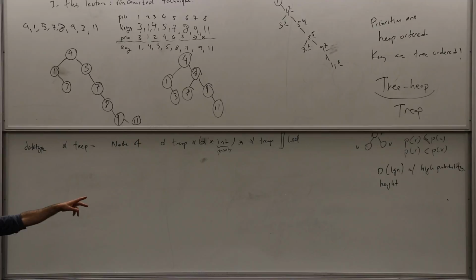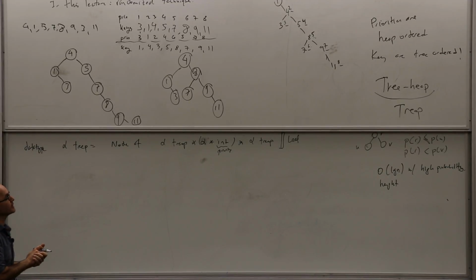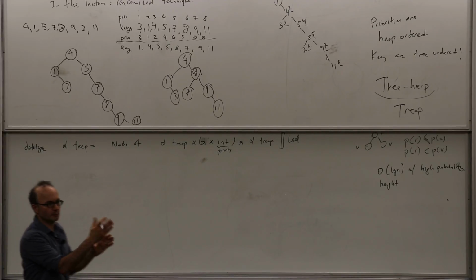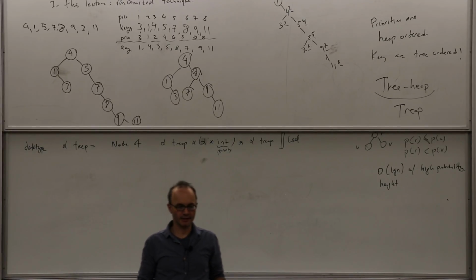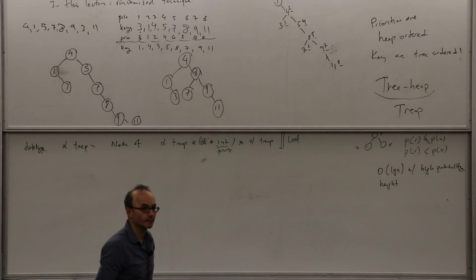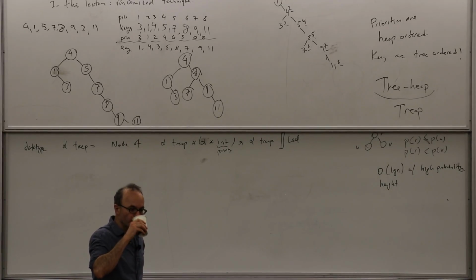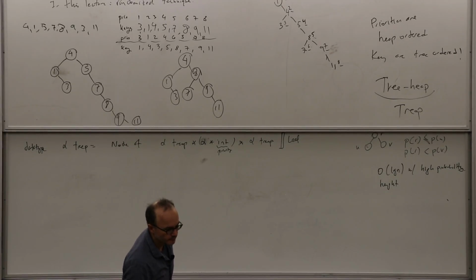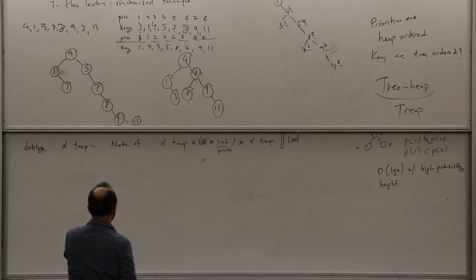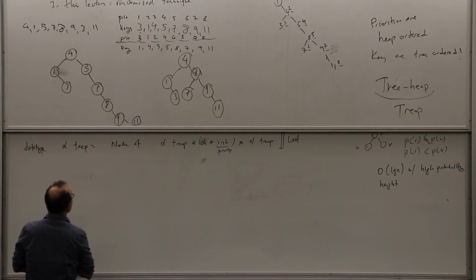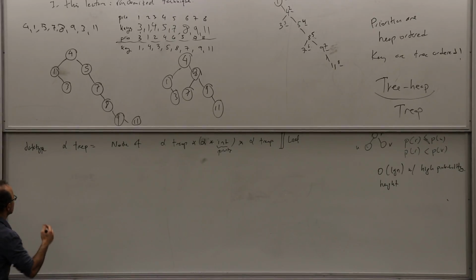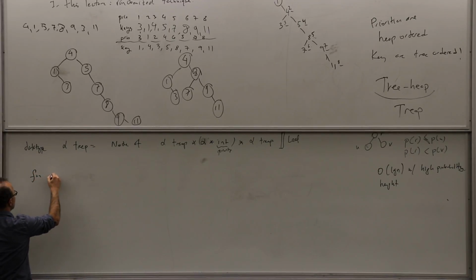I won't prove that, but I gave you the intuition for why. It's basically the fact that when you're picking random priorities, it's highly unlikely for the tree to be unbalanced, because you're more likely to pick trees that actually divide the space in the middle. Okay, that's it. Now, just as an exercise, let's write the singleton function.